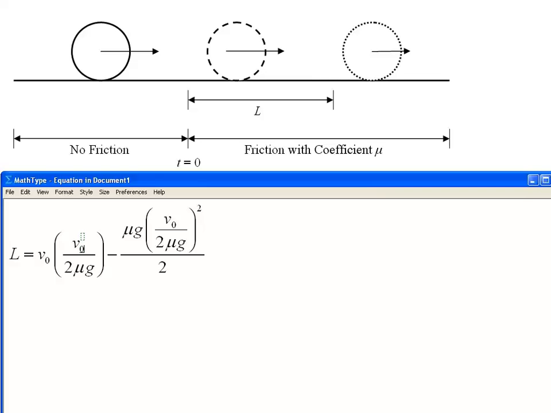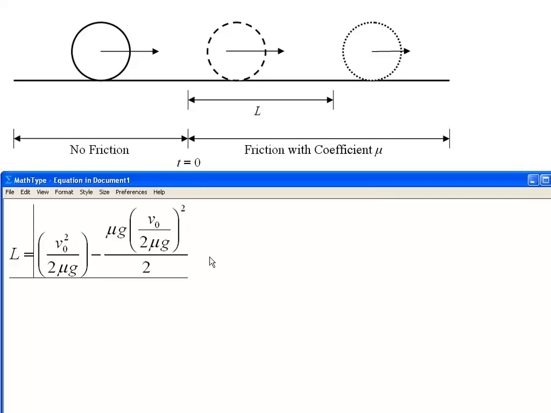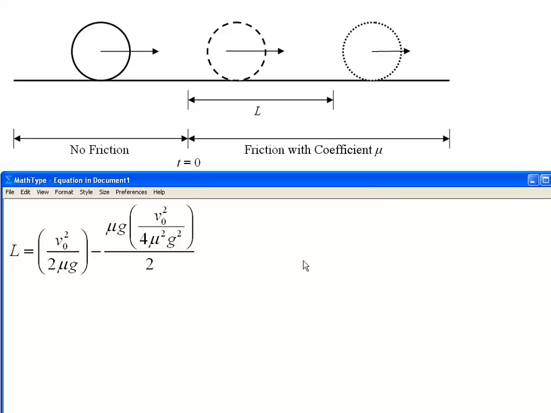We can combine our v naughts into v naught squared. We can also square everything inside the parentheses and get rid of the square that's on the outside of the parentheses. And finally, the 2 and the 4 can multiply together to give us 8.